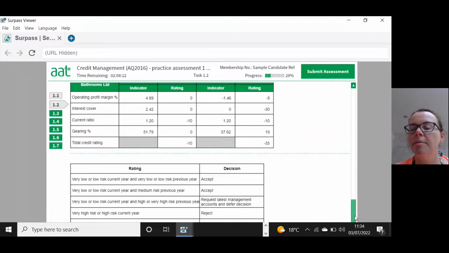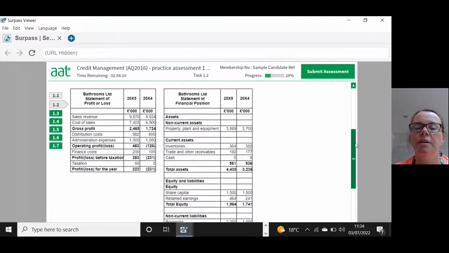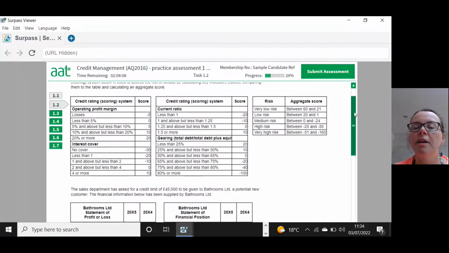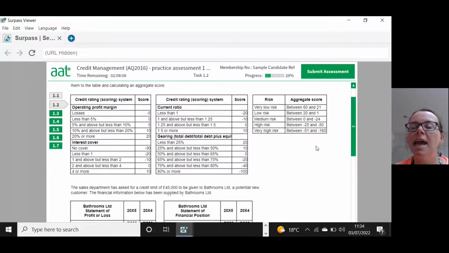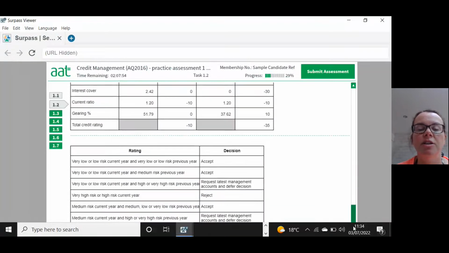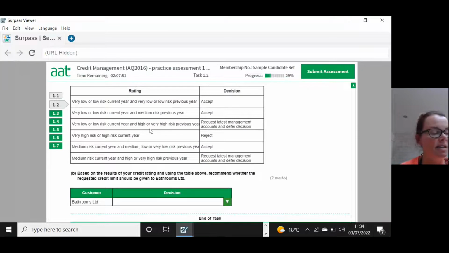So I have just calculated that we've got -10, -35. So if I go back up, I should have left that one open, never mind. So -10 gives me medium risk, and -35 is high risk. All right, so previous year it was high risk and now it's medium risk. So then you just come to here and you convert as appropriate. So what have we got?